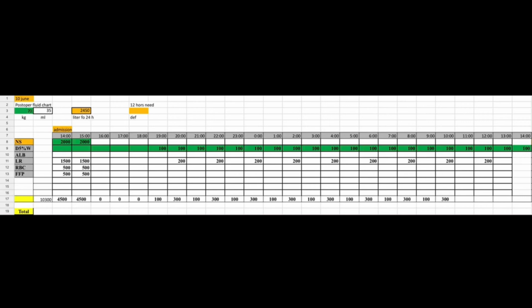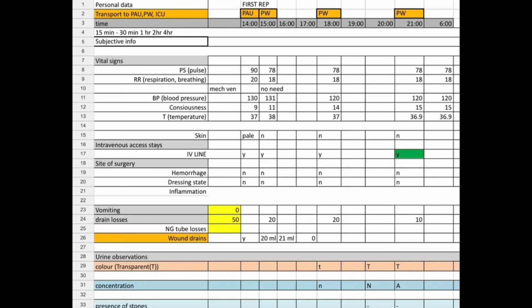These fluids are given to the patient for electrolyte balance and to increase red blood cells after losing during surgery.